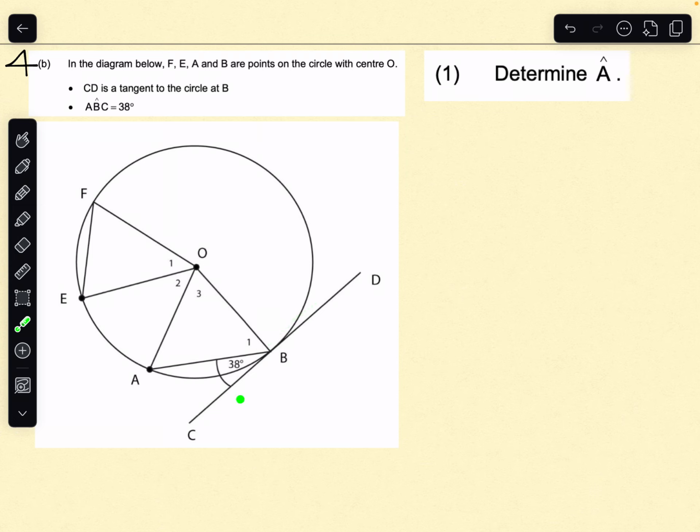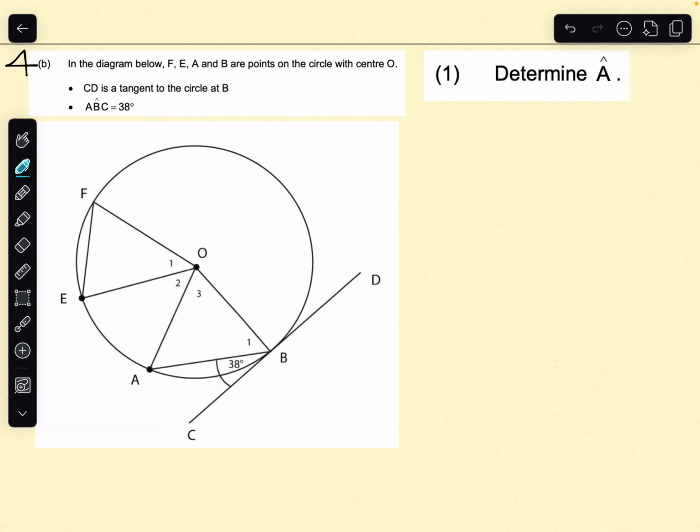ABC is 38 degrees. Determine A. So I immediately see that Tan-rad relationship, which can give me B1. And then because this is an isosceles triangle, we know that these would be equal. So that's my strategy.